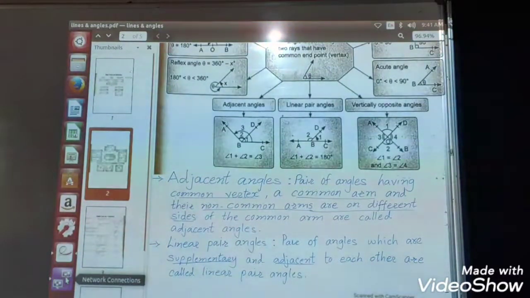So, a pair of angles which are supplementary means both when added should make 180 degrees, that is a straight line, and adjacent. Previously we have seen what are adjacent angles. So, a pair of angles which are supplementary and adjacent to each other are called linear pair angles.